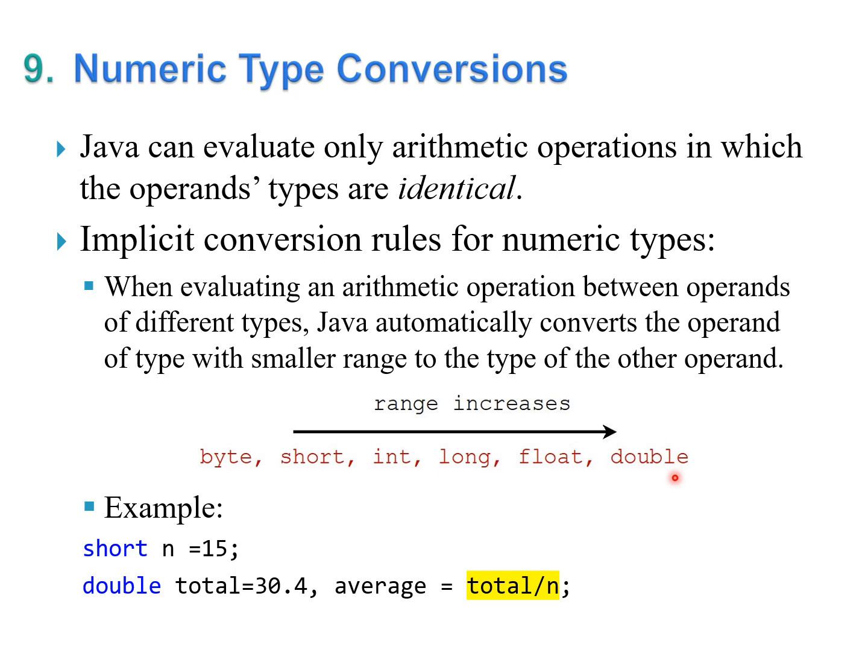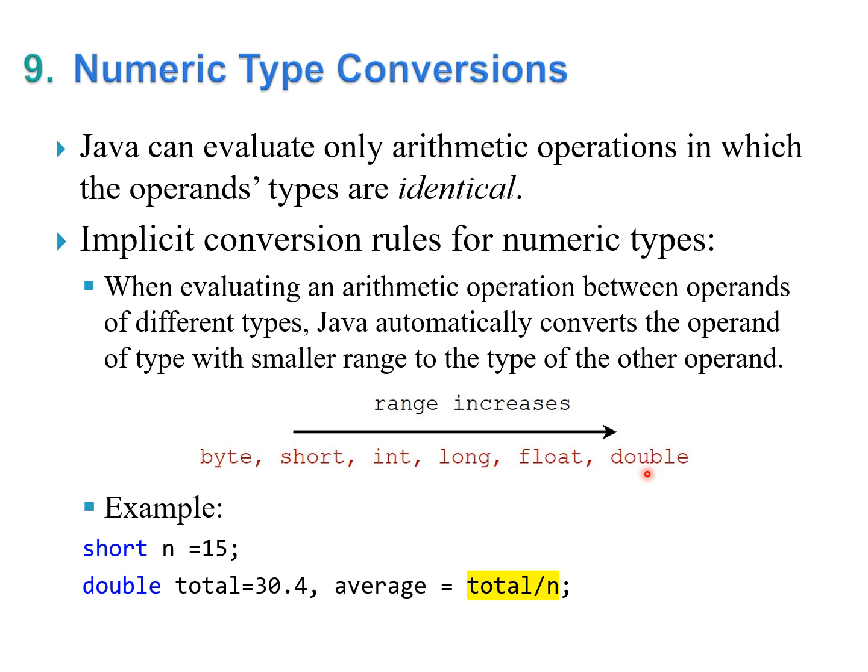So if you have an arithmetic operation between operands of different types, and one of the operands has type double, then the other operand will be converted to double as well.